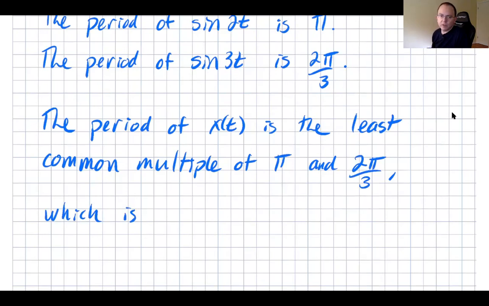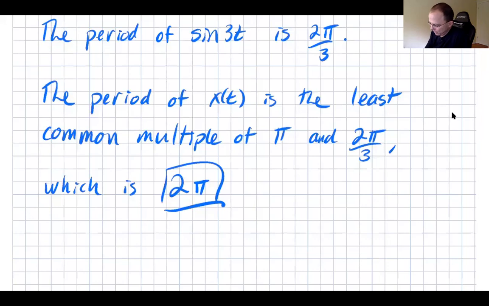So it looks like the first time that they both line up is going to be 2 pi. So that is the period, and that's what we noticed when we plotted it as well.